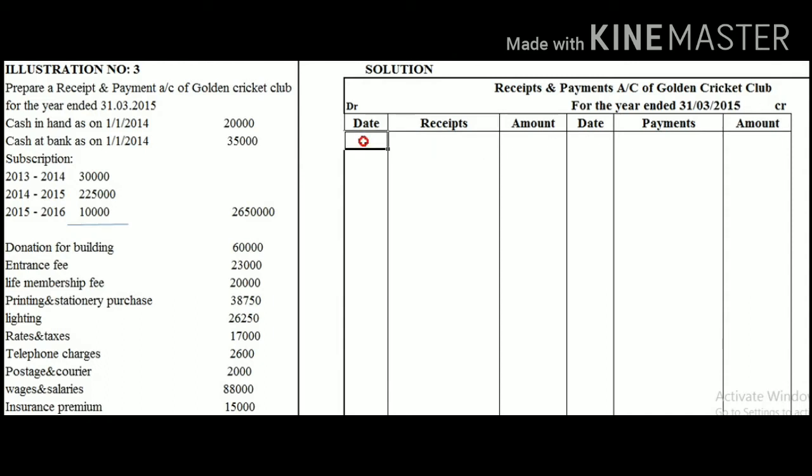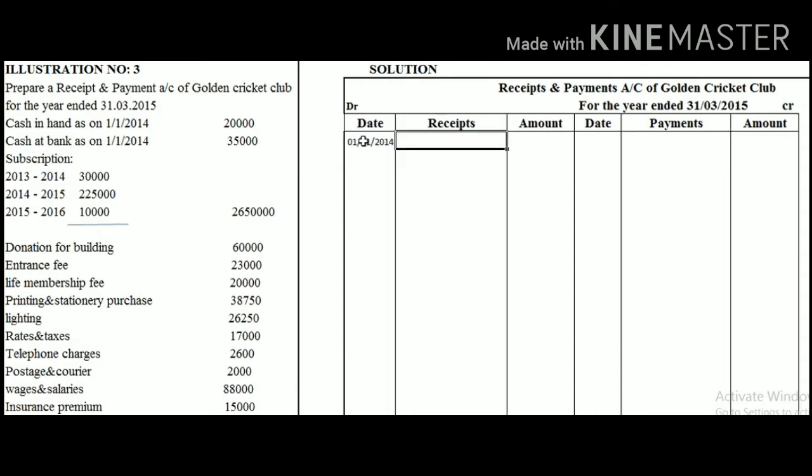First, the receipt and payment account starts with the opening balance of cash in hand and cash at bank. So we have to write the opening balance of cash in hand. The date is 1/1/2014. What is the opening balance of cash in hand? Cash in hand is 20,000.